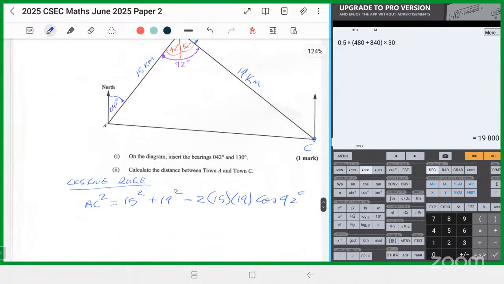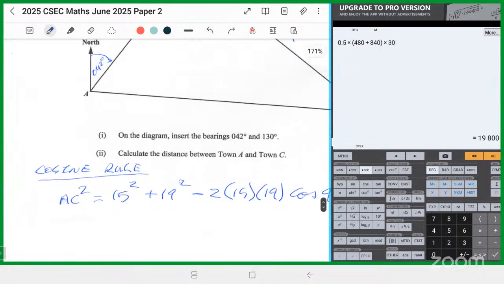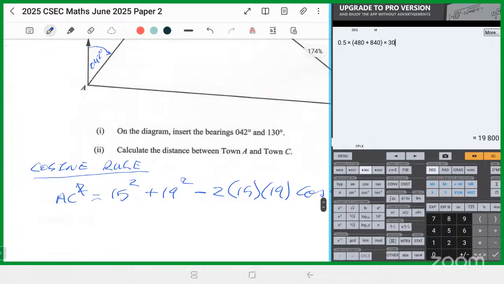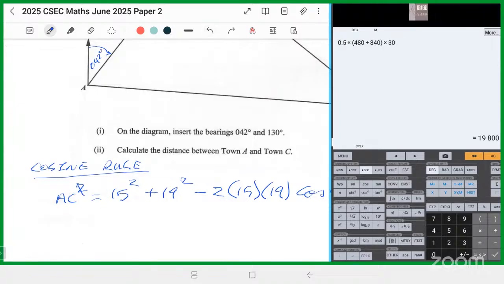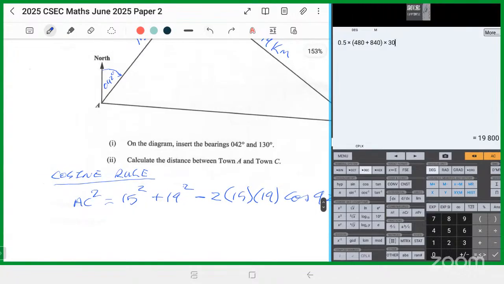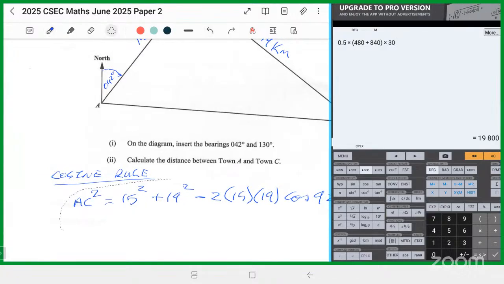And instead of putting a square on this, I would square root both sides. And so I can drop this square and square root this side over here. So let me just shift down some stuff a little bit and create some more space.